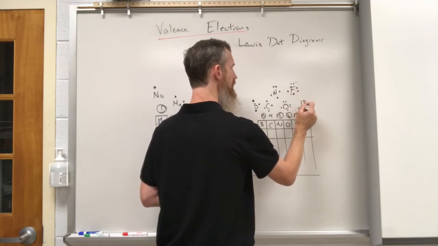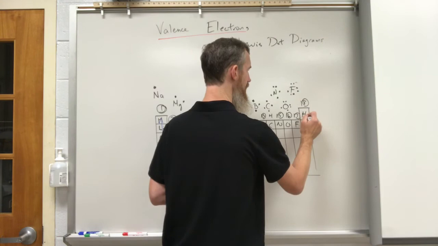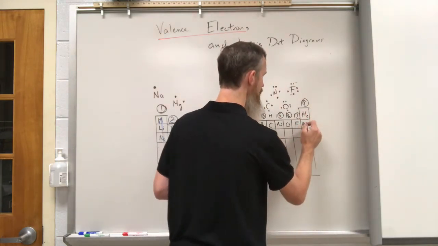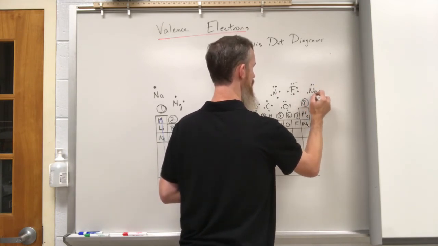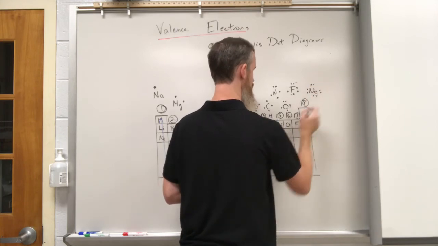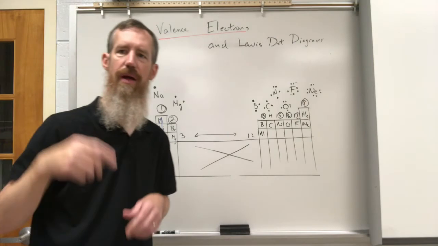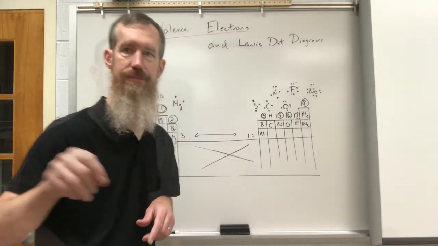And if you go to the 18th column, you're going to have anybody here, except for helium, which we'll talk about later, but we're going to have 8 dots. So I'm going to go to neon, not hydrogen. And we're going to have 8 dots. Okay? Now, I'm going to tell you a little bit more in a moment, but I got to take a little break. So I'll be right back.